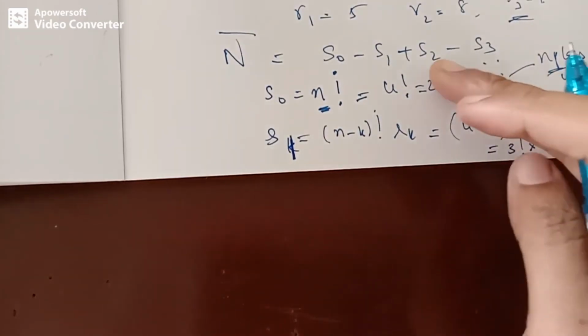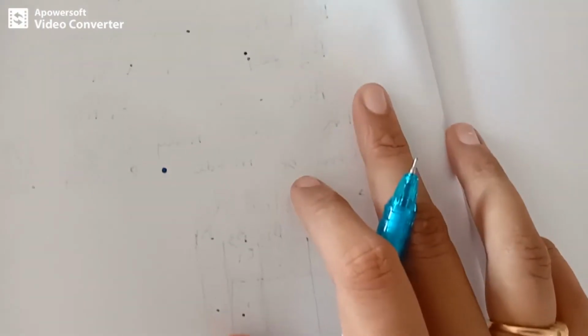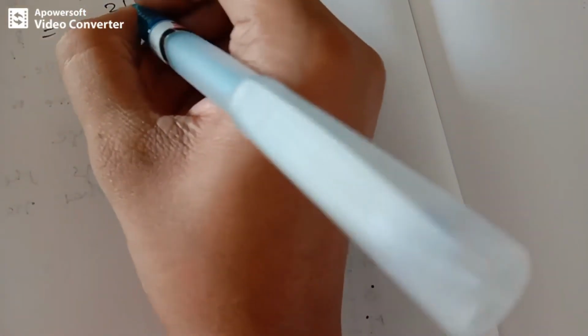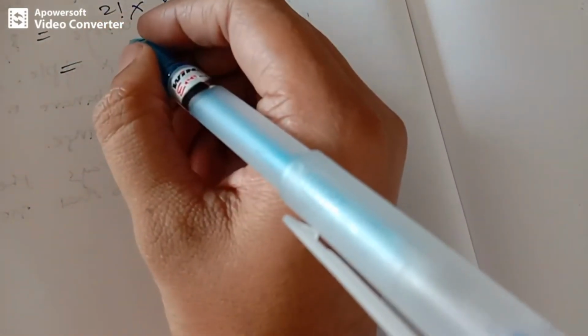Like this we have to find out the values of S2 and S3. When we try to find out the value of S2, S2 will be n minus k factorial, 4 minus 2 the whole factorial into R2, which is 2 factorial into the value of R2, which is 8. What we get is 16.